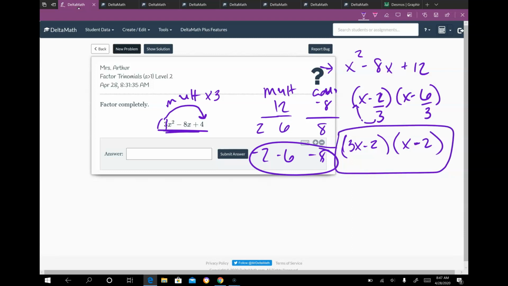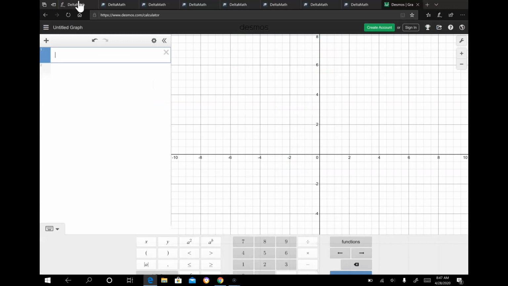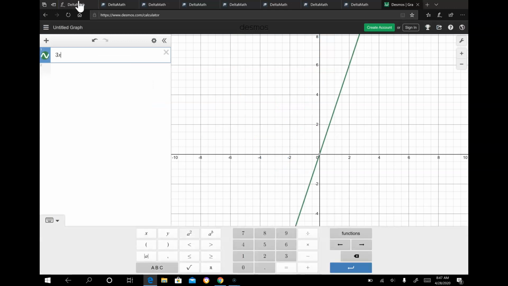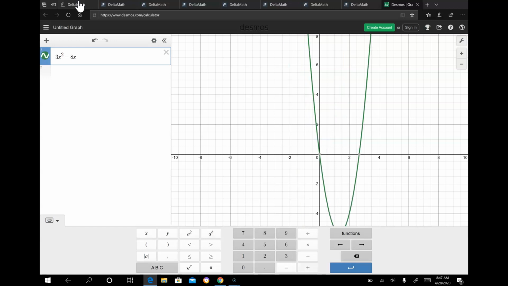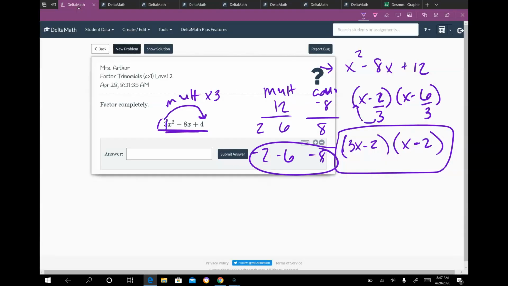Now, if you're good with fractions, Desmos is going to be okay for you here, okay? So, negative 8 and 4.